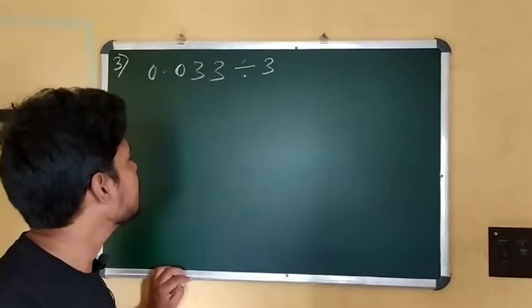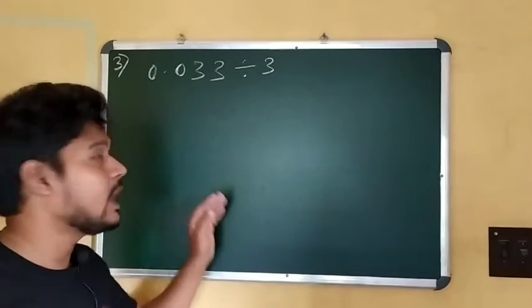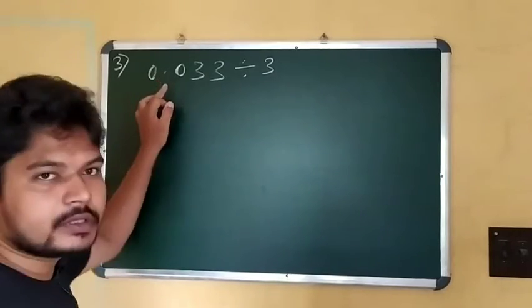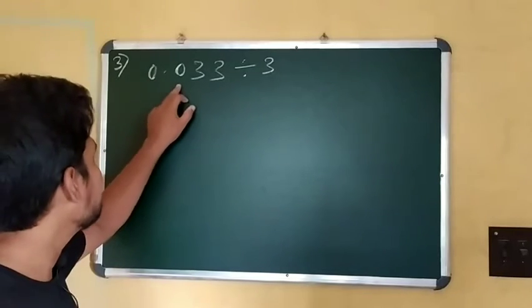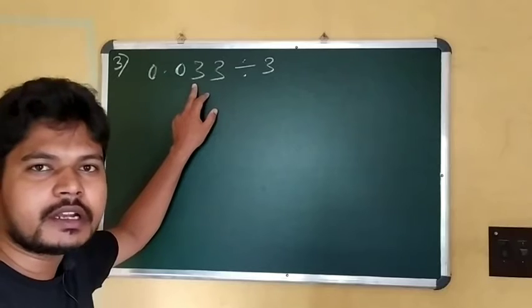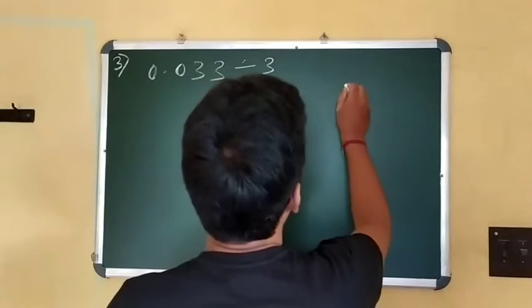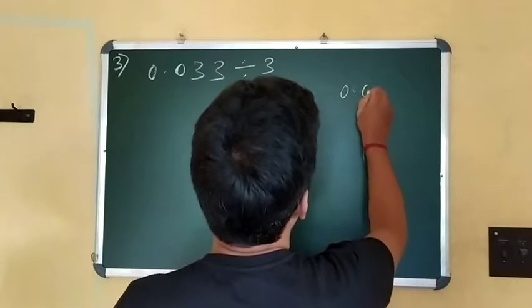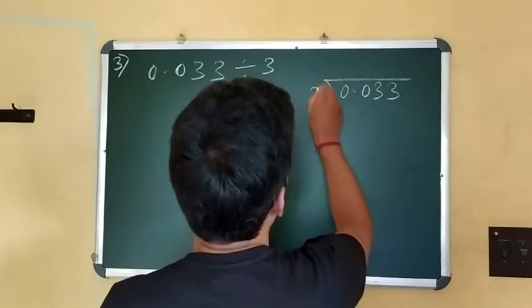Now let's see this example. Here one thing you have to remember, until you have shifted the decimal point, you cannot take the digits which are written after the decimal point. Okay, so you have to learn this very clearly. 0.033 divided by 3.